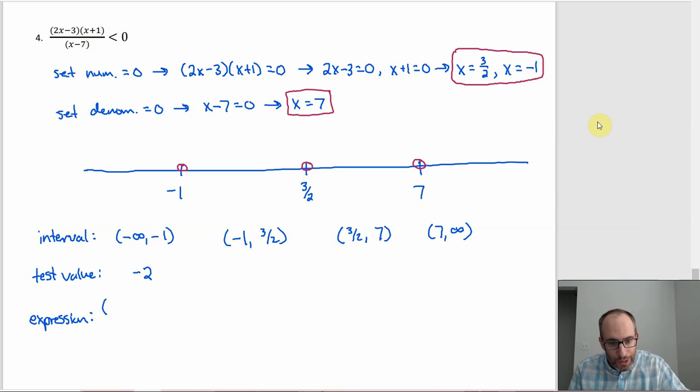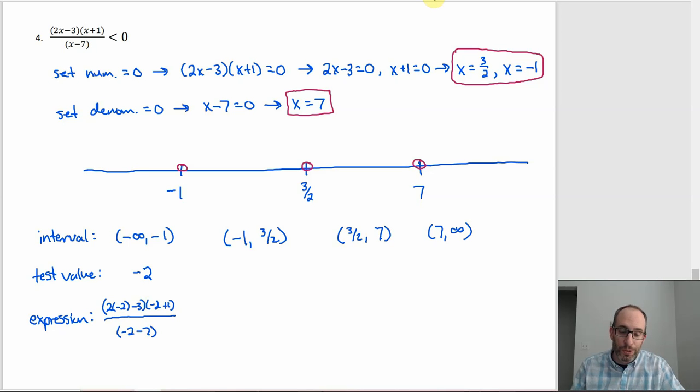So we're going to have 2 times negative 2 minus 3 times negative 2 plus 1 over negative 2 minus 7. All right, so 2 times negative 2 is negative 4, minus 3 is negative 7.